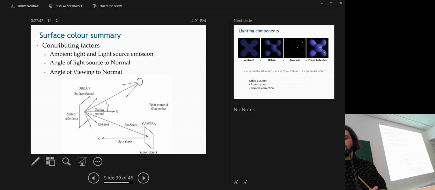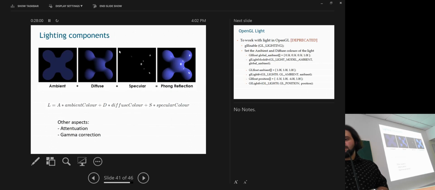And we have the camera that gets this light and interprets, and we have this Z optical axis to identify what is seen and what is occluded. And finally, the basic idea is that according to the Phong model, we get the light that is a combination of ambient color, diffuse color, and specular color.